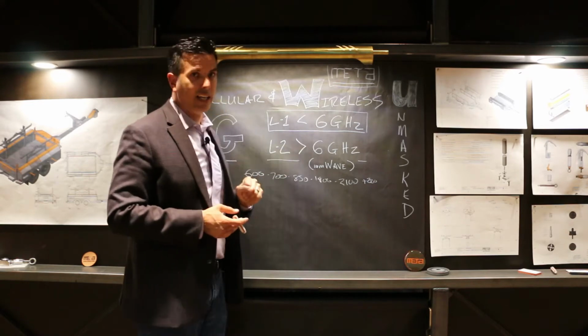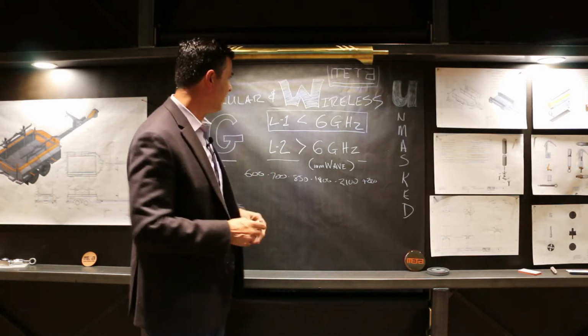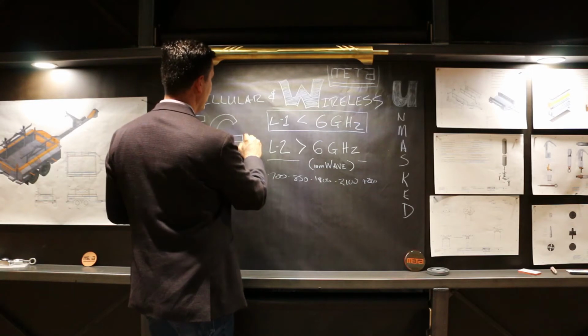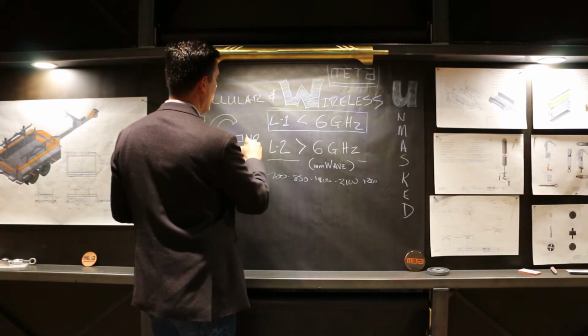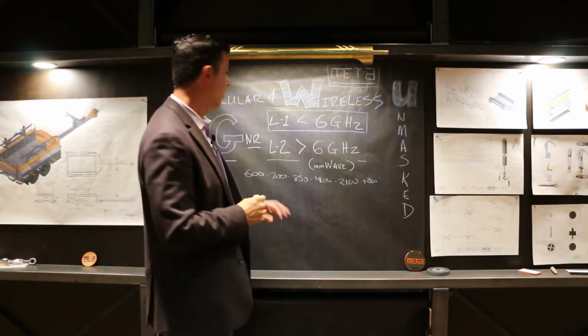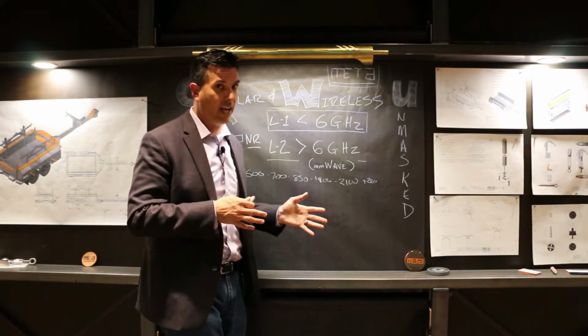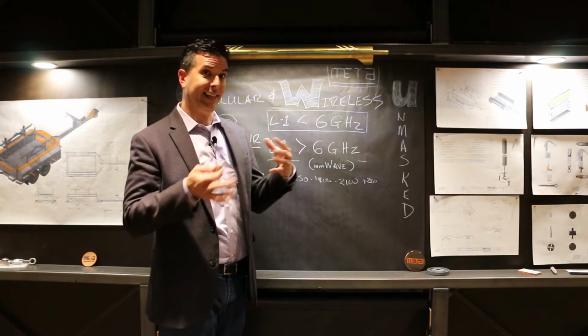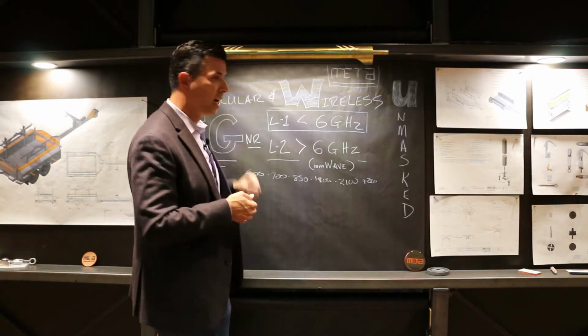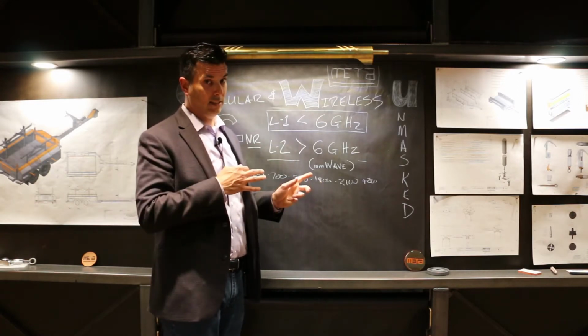The level 1 stuff is still considered 5G because it's still 5G NR. It's a new radio. 5G NR, new radio, which means at the macro sites, at the small cell nodes, at the DAS nodes, you have a new radio, and it looks like this.